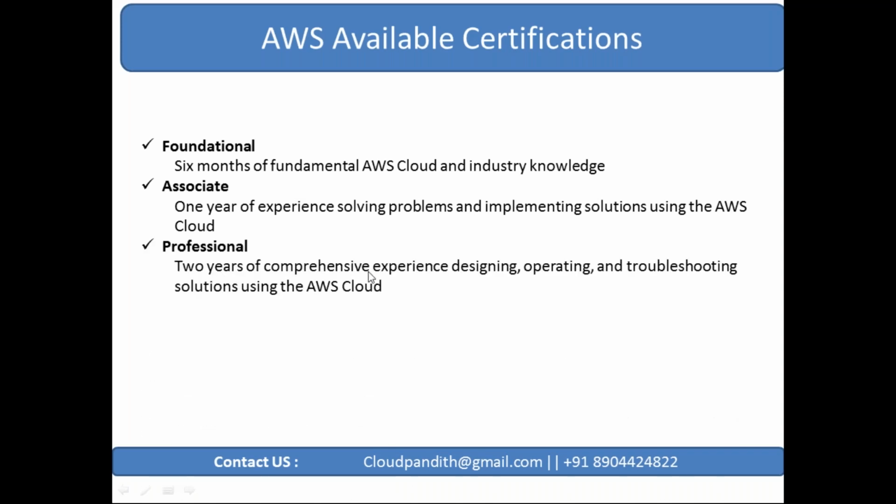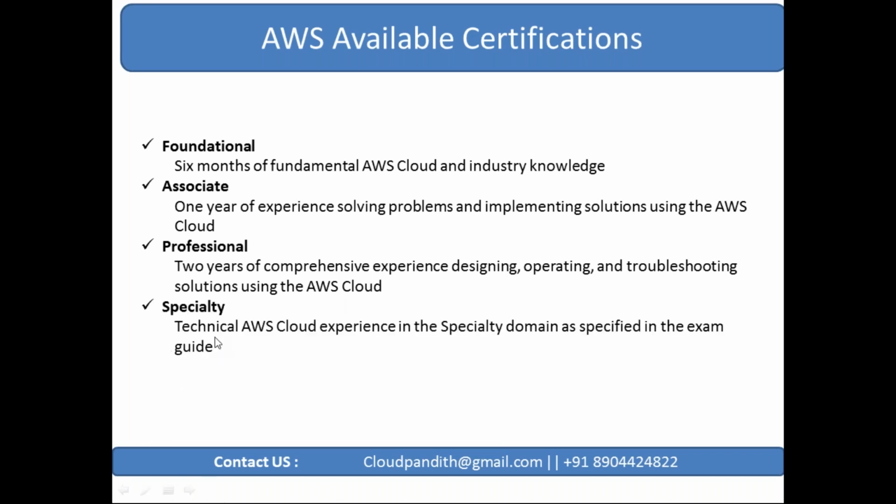Professional means you have 2 years of good knowledge of AWS, and you want to prove you are an advanced technical expert in AWS services, then you write the professional certificate.